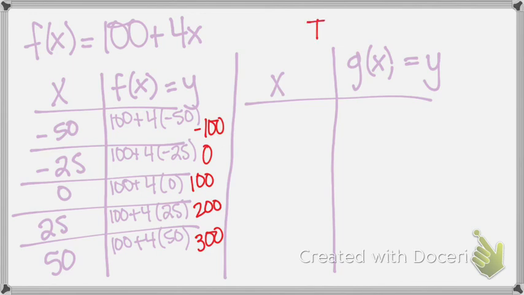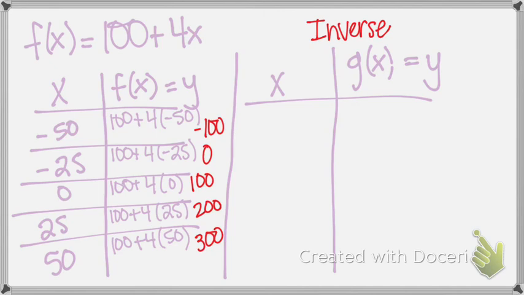Now, the second chart is the inverse. Flip back if you need to and look at what we boxed. We boxed that said inverse equals swap x and y. So all I'm doing is swapping the place. Originally, x was negative 50, negative 25, 0, 25, and 50.